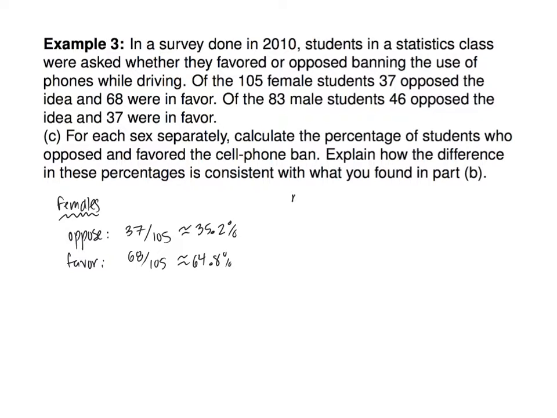Okay. Versus the men, how many opposed? It was 46 out of 83, right? Which is closer to half, isn't it? Yep. And then in favor, there were 37 out of 83, which is approximately equal to 44.6%, right?